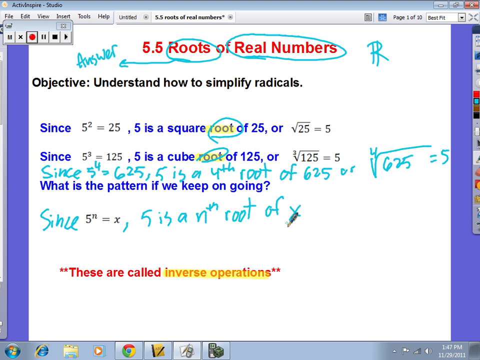So what goes underneath the radical? x, n, and your answer is going to be 5.